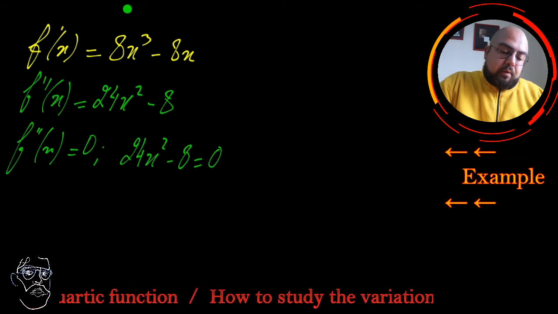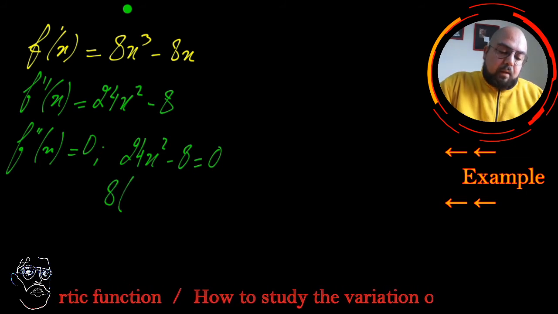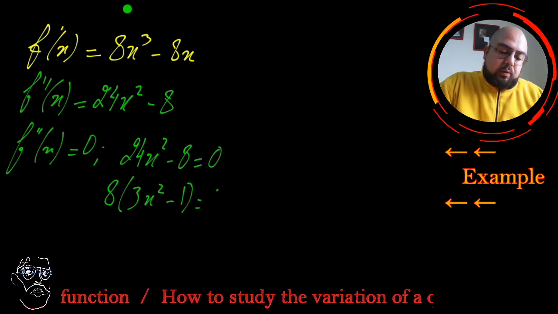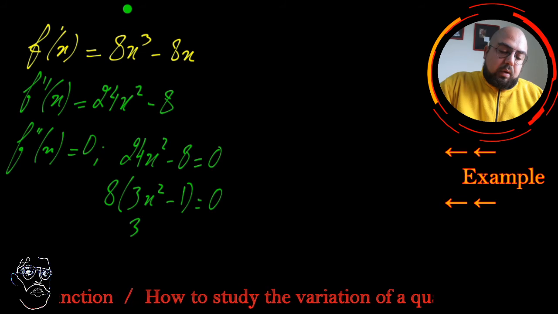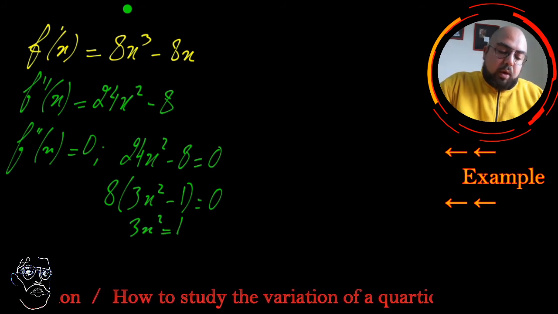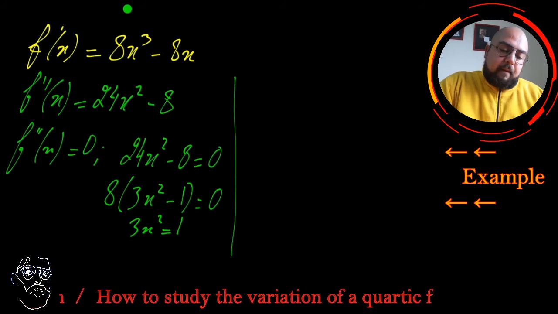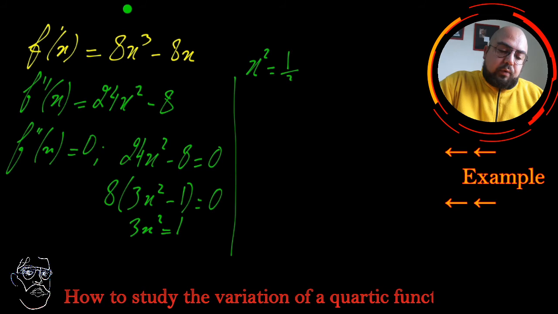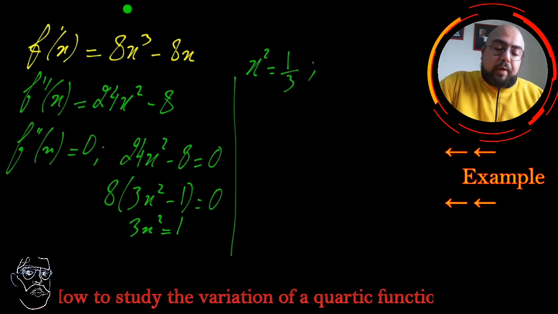We will have 3x squared minus 1 is equal to 0, which means 3x squared is equal to 1. X squared is equal to 1 over 3. We will have two values.